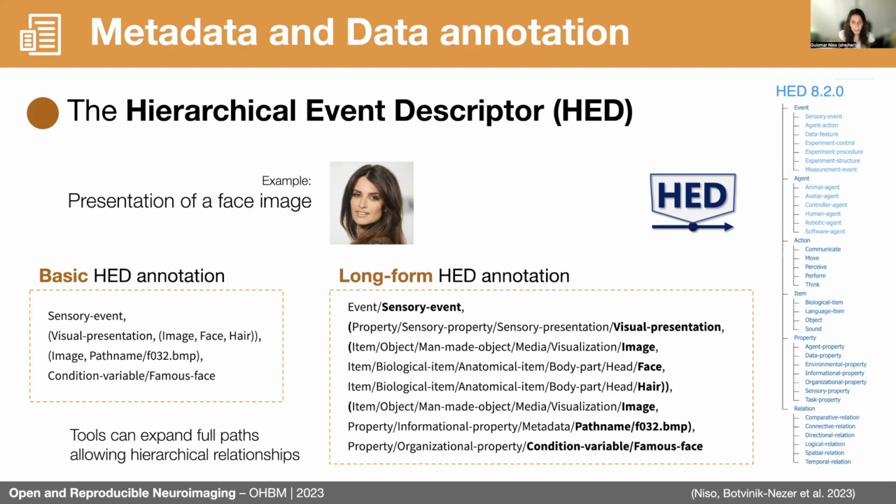For example, the sensory event will be under the category event, and then the visual presentation will be a property, a sensory presentation, visual presentation. These are an example of some of the categories you have in HED. And yeah, this is a very nice tool that you can use to describe your events.